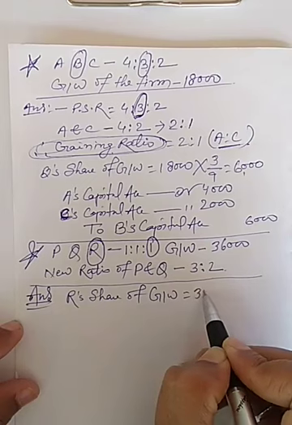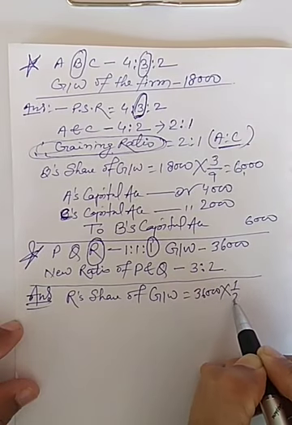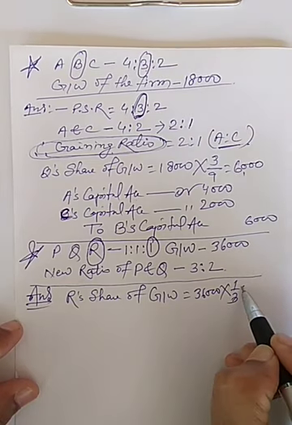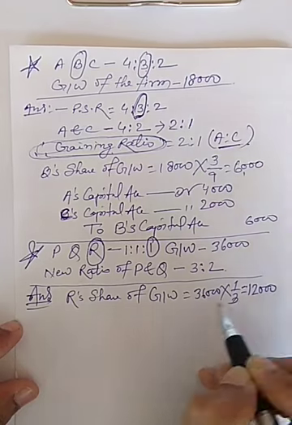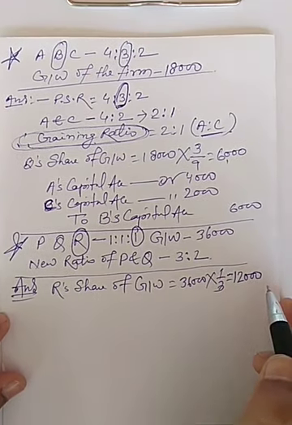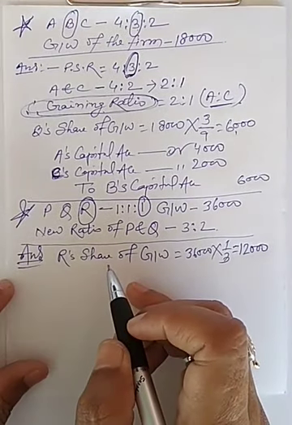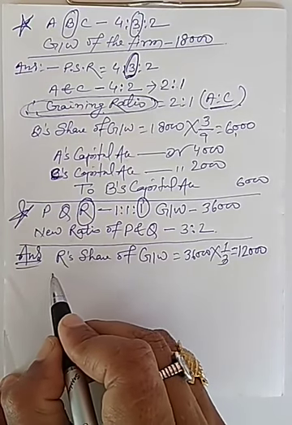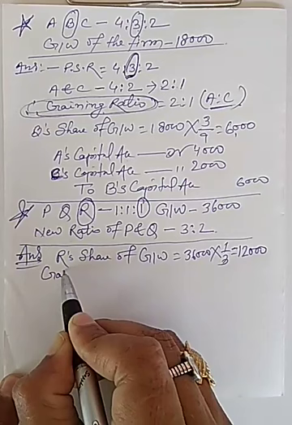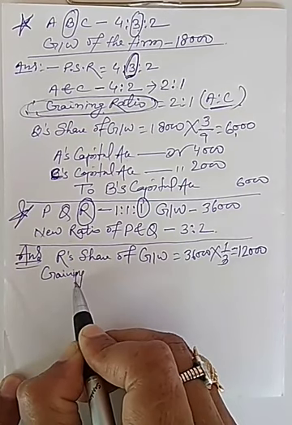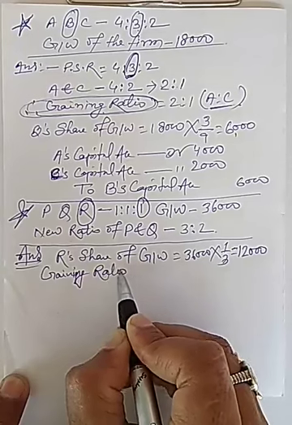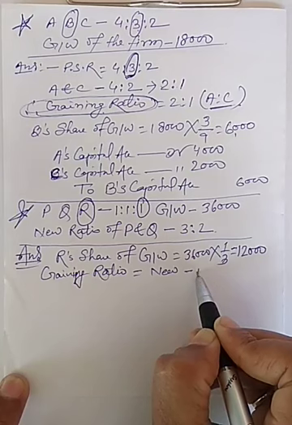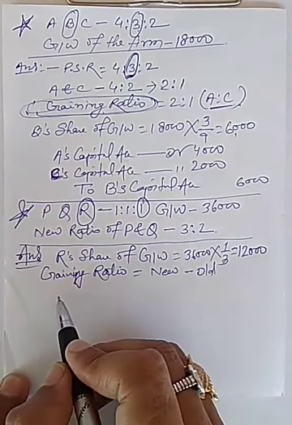It will be 36,000 into 1/3, and it will be 12,000. Now I will calculate the gaining ratio, and we all know gaining ratio equals new ratio minus old ratio.